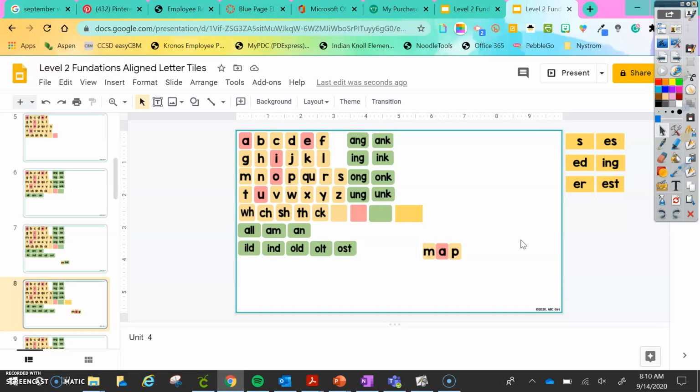Now, you have learned the suffix from last year, and it's a way that we can make this word plural. Remember, plural means more than one. So to make map more than one, we're going to add an S to it. So let's tap that out. M-A-P-S, maps.